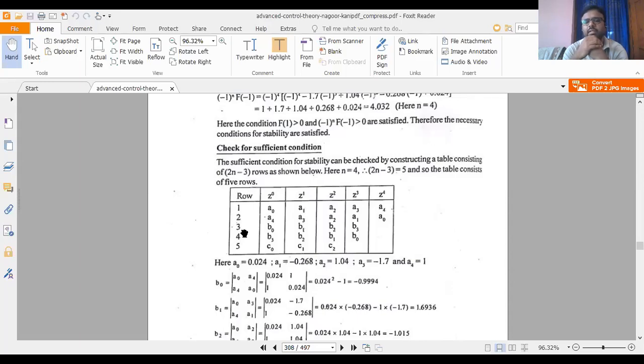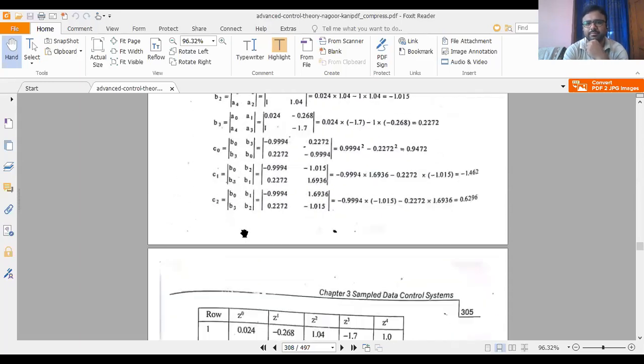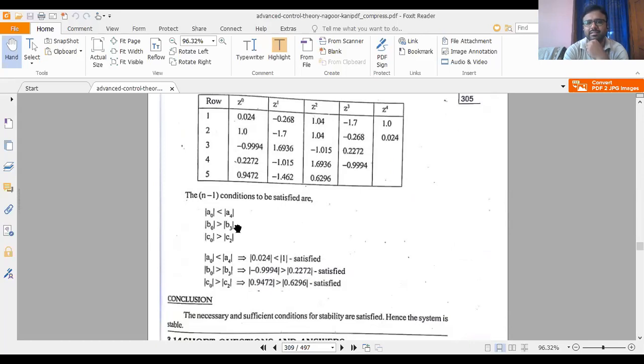While coming to the n minus 1 constraints, here the conditions change. That means a0 should be more than a4, b0 should be less than b3, and c0 should be less than c2.